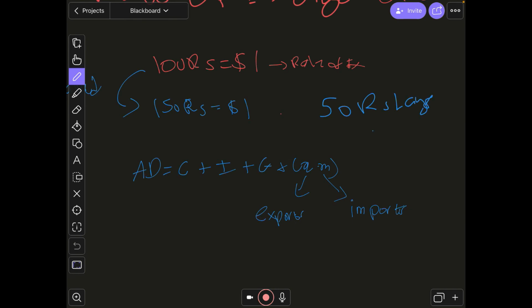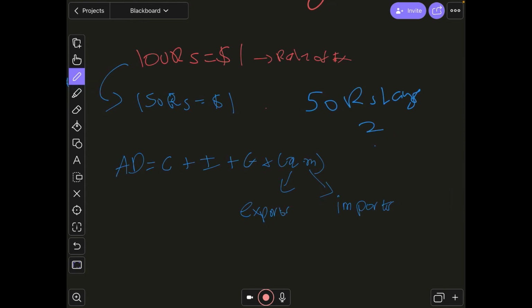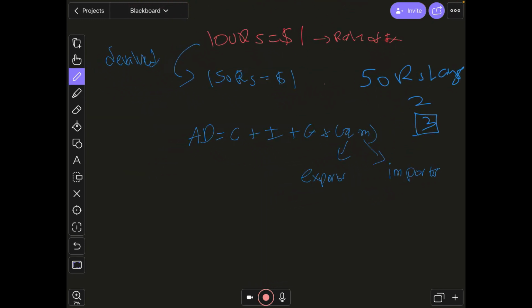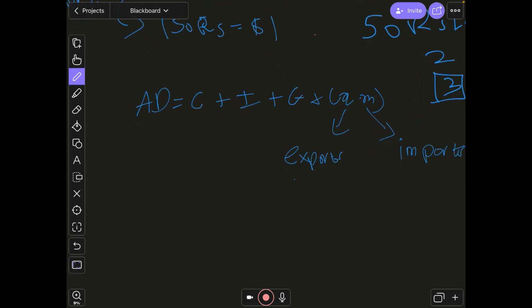So they were initially able to buy 2 packets. But now, since the value of the Pakistani rupee has devalued, their currency remains the same. The value of the Pakistani currency has devalued, and so they can now buy with 150 rupees 3 packets of chips. Because of which, our exports increase.